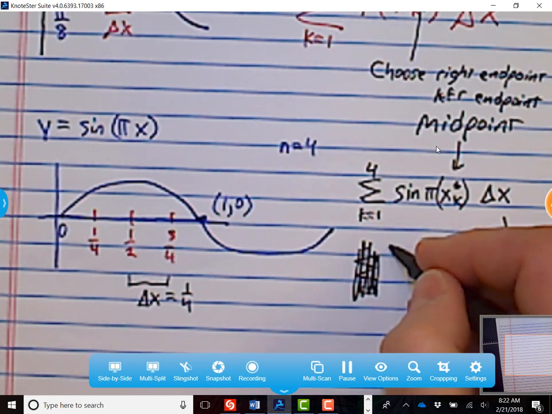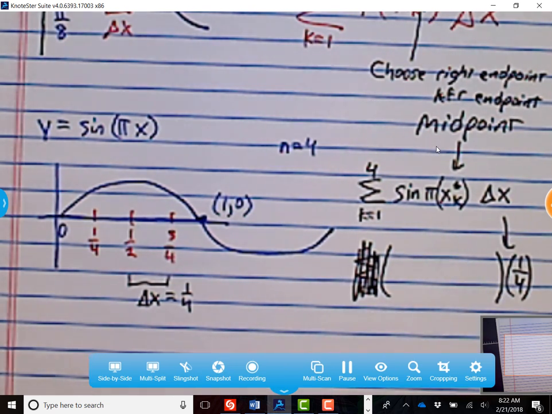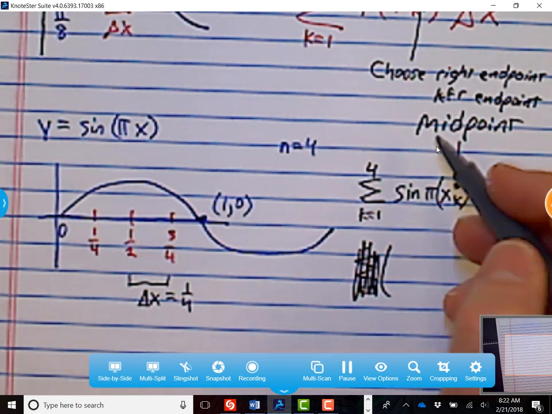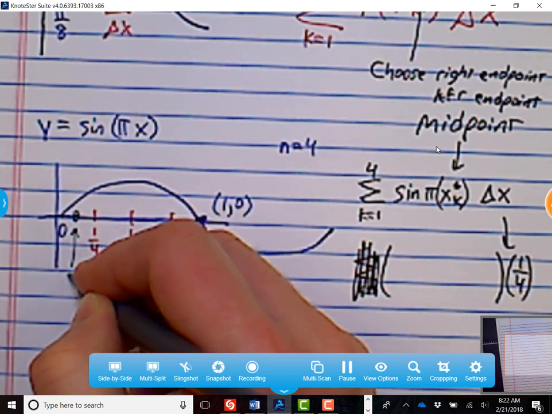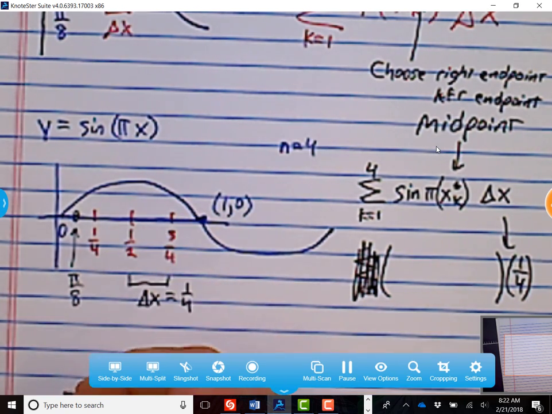And then what I should be able to do is compute the sine of these different things. So let's see. Well, this didn't make it any nicer, but that's okay. One of the points I'm going to pick, the midpoint here, is going to be pi over 8, right?